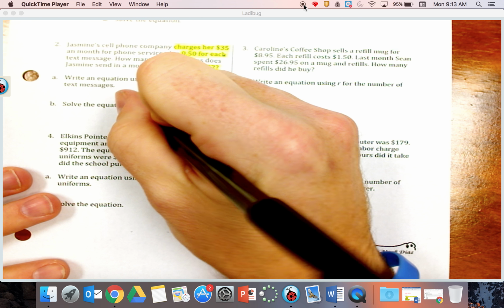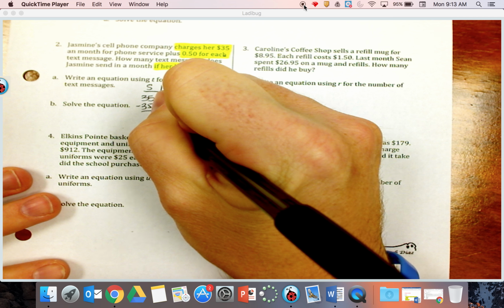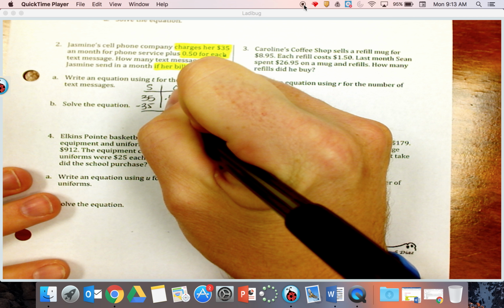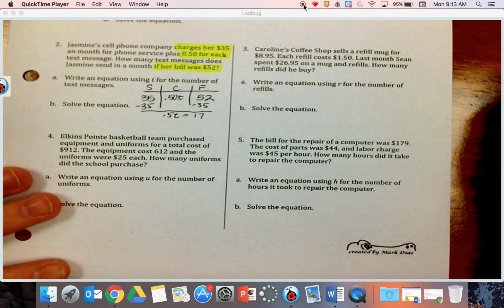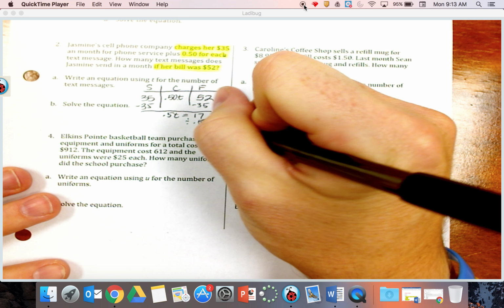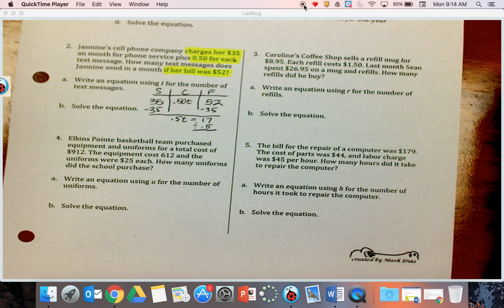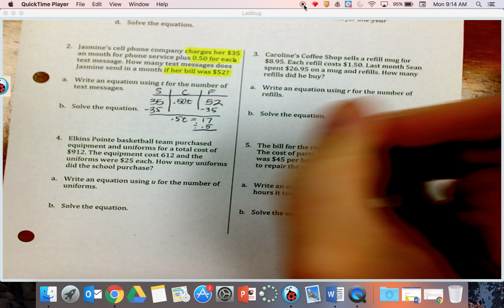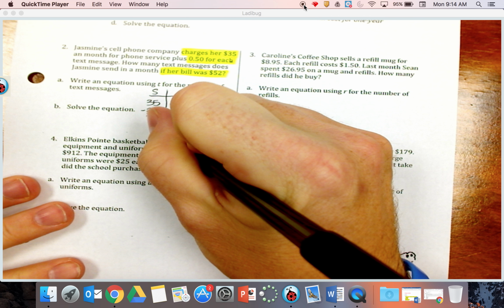I can solve this by subtracting 35 on both sides. And I get 0.5 times t is equal to 17. This is times, so I have to divide by 0.5, not by 5, but by 0.5. And when I do that, I find my answer: I can send 34 text messages.